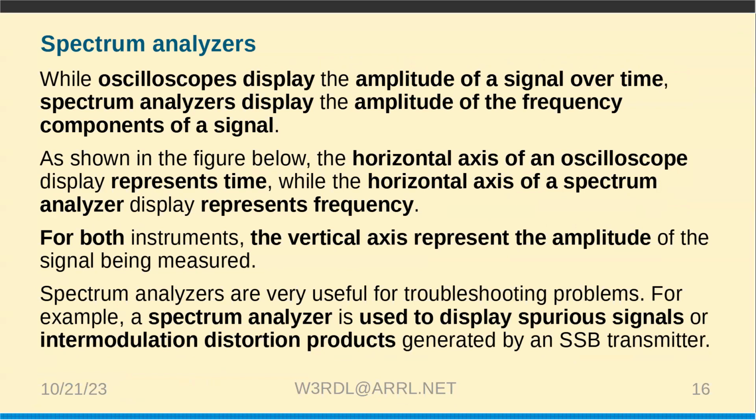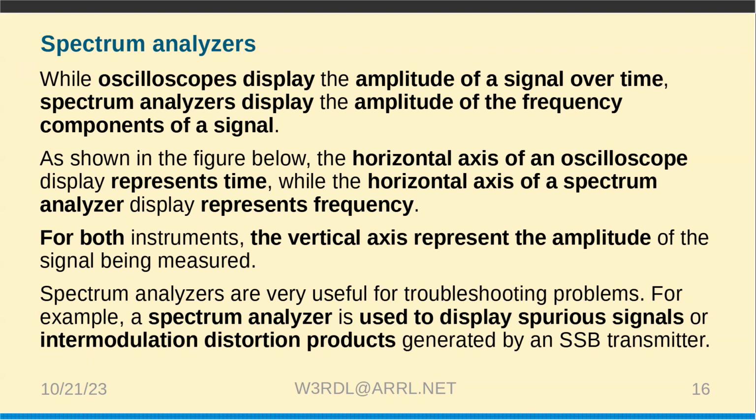Okay, spectrum analyzers. An oscilloscope just displays the amplitude of the signal versus time. A spectrum analyzer displays the amplitude of a signal versus frequency. So one's time domain, one's frequency domain. And it's the horizontal axis that's different.